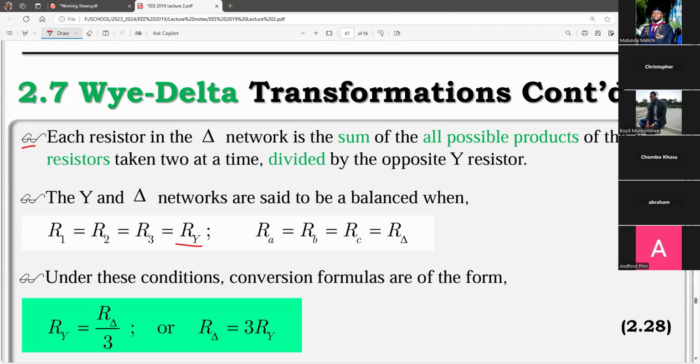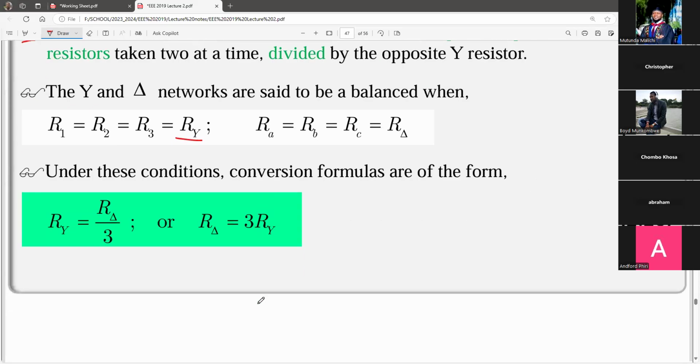So under these conditions of 2.27, the equivalent transformation, if you are to determine the resistance in Y given the R delta, you just divide by 3. Or if you have the star resistance, then to get the R delta, you just multiply it by 3.